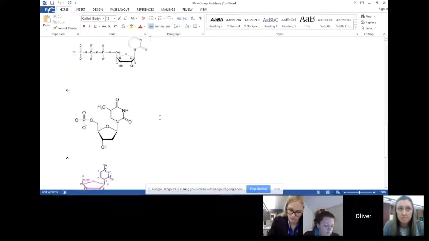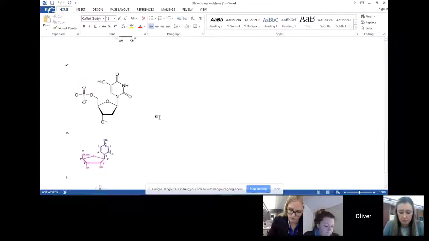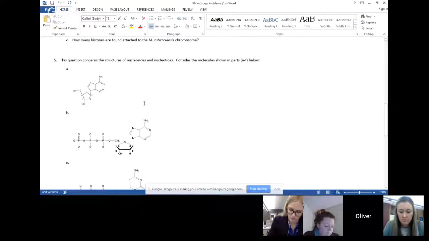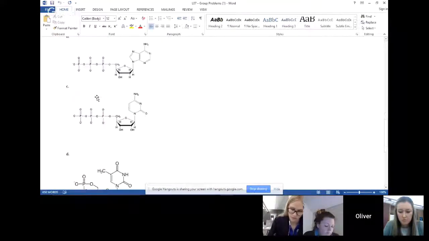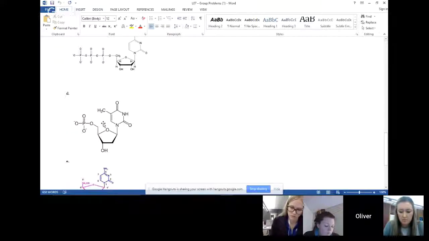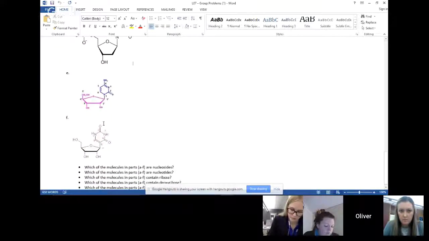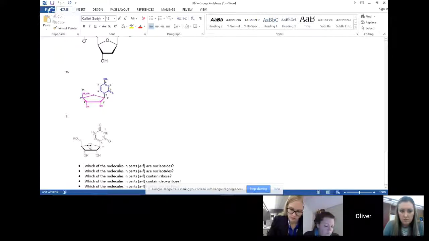If it has a phosphate, it is a nucleotide. So A here is not attached to a phosphate, so it's a nucleoside. B has phosphates, C has phosphates, D has a phosphate, E does not have a phosphate, so it is also a nucleoside, as well as F. So the answer to the first part is A, E, and F.